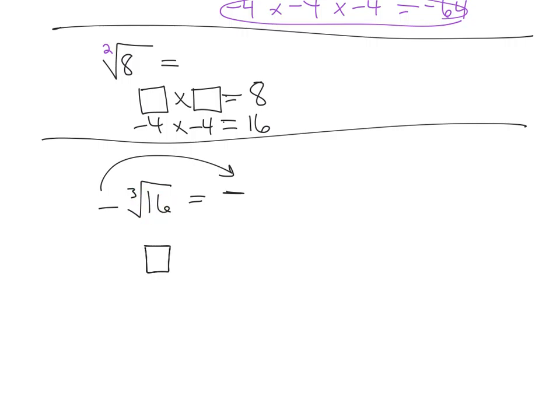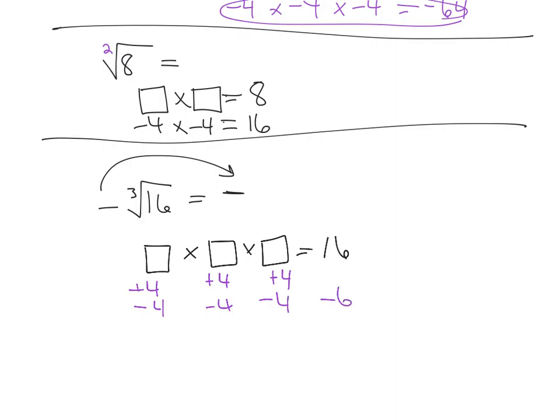So this is saying the third root, what number times itself is equal to 16? Well, that's definitely not negative 4 or 4, because 4 times 4 times 4 gives us 64, and negative 4 times negative 4 times negative 4 gives us negative 64. So in neither case does it give us 16, so we know that's no good.